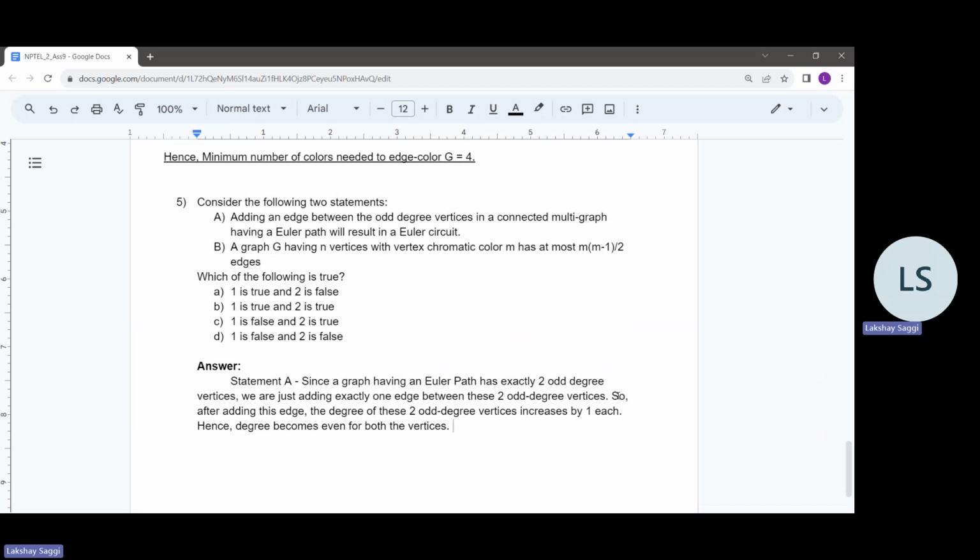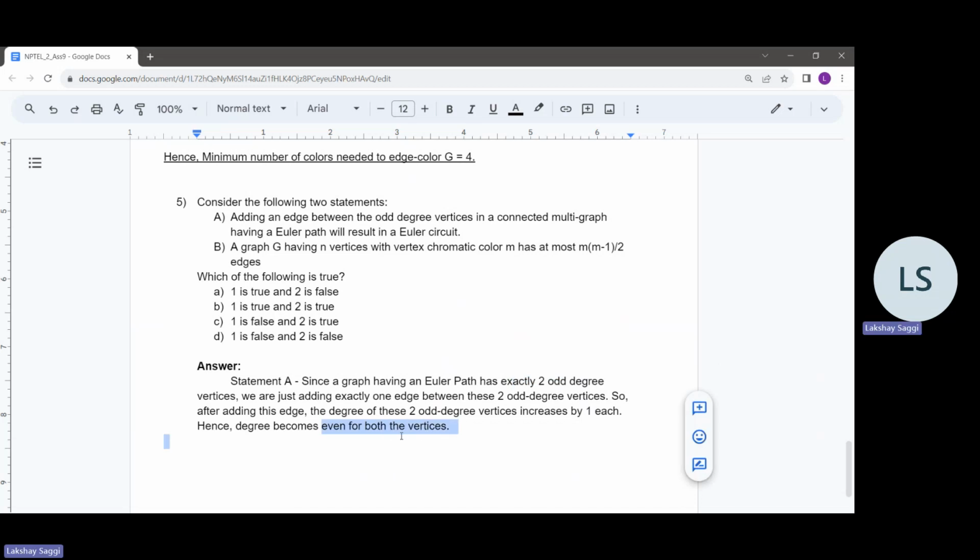Note that initially, since the graph had exactly two odd degree vertices, let's say the vertices are u and v. So only u and v were the vertices which had odd degree. All of the other vertices had even degree, and we added an edge between u and v. So now the degree of u and the degree of v become even.